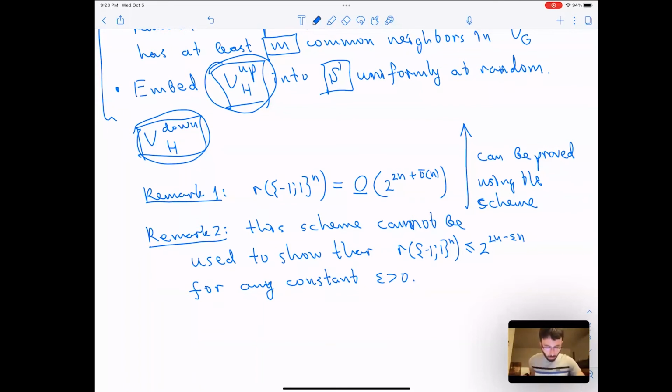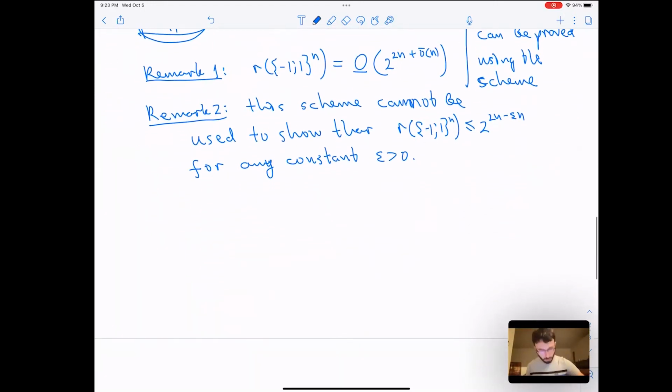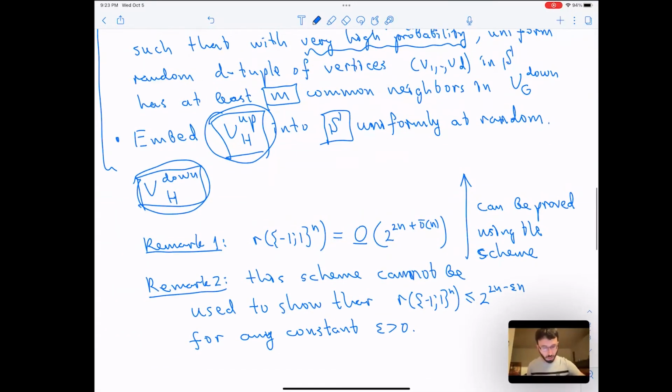So I will not prove anything about this example, but I still want to mention how to construct it. So I want to construct a graph G such that the hypercube cannot be embedded into the graph G via this two-step procedure.